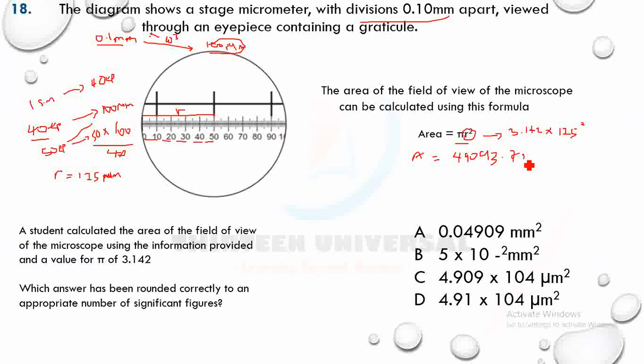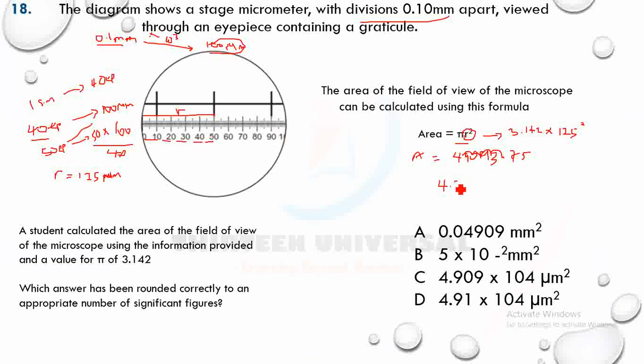So we're looking at significant figures. If you turn it to standard form, from here, this is 1, 2, 3, 4, so 4.9.